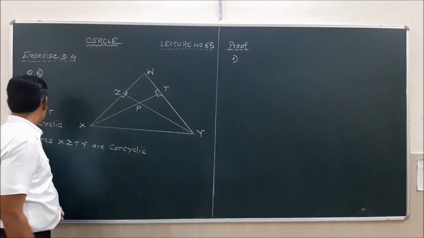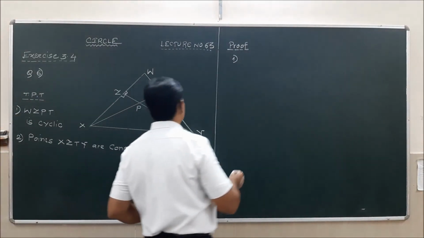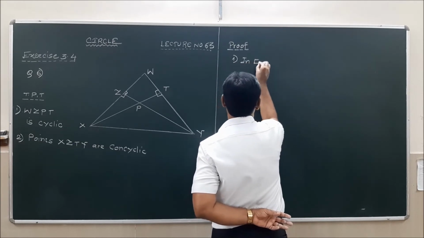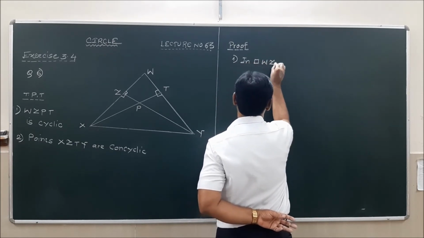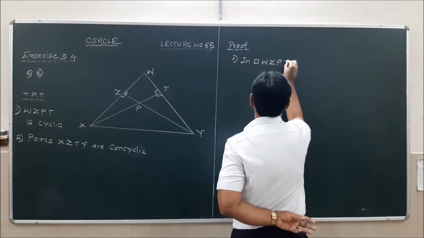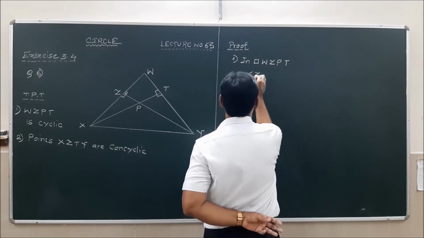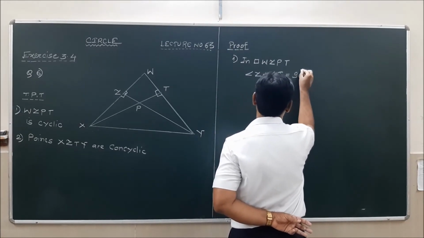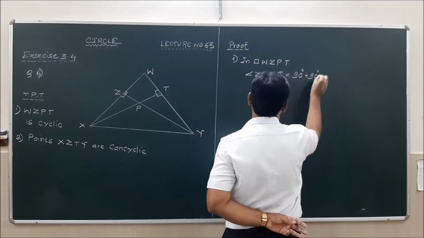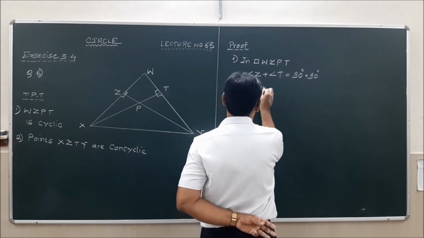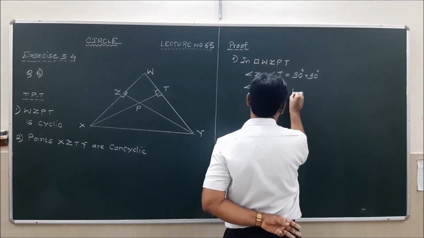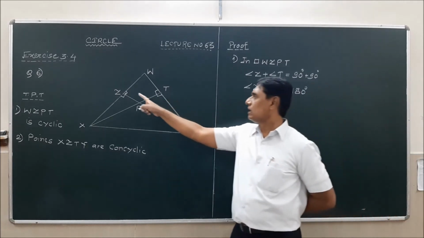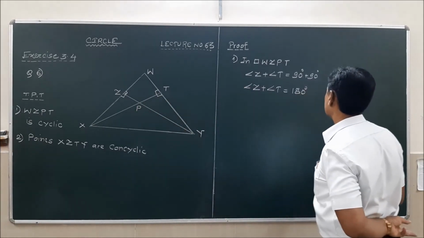So I'll write here: in quadrilateral WZPT, angle Z plus angle T is equal to 90 plus 90. So angle Z plus angle T is equal to 180. Z and T are 90 each.